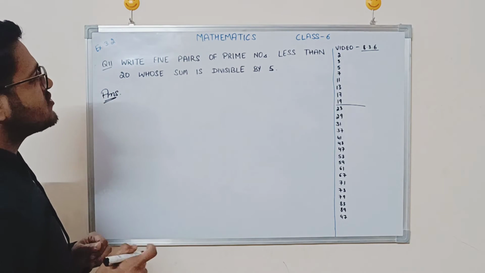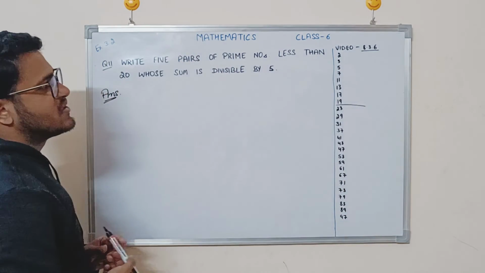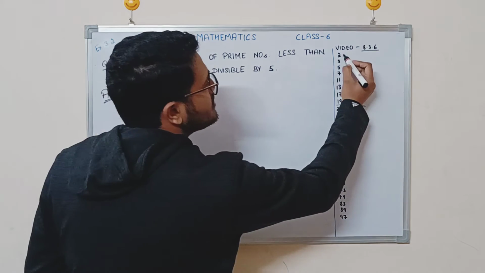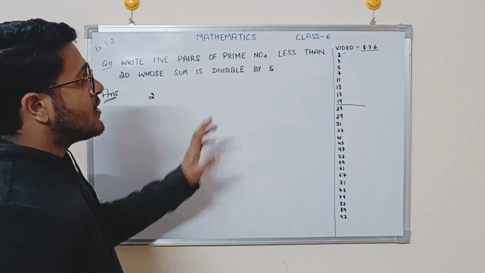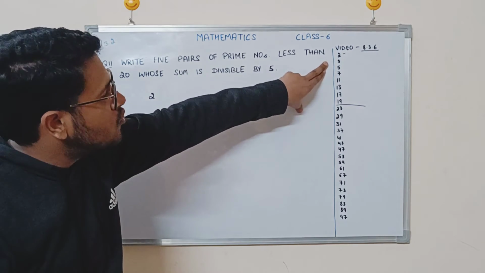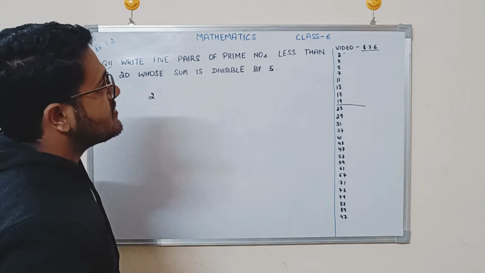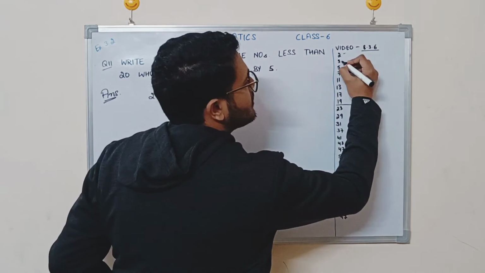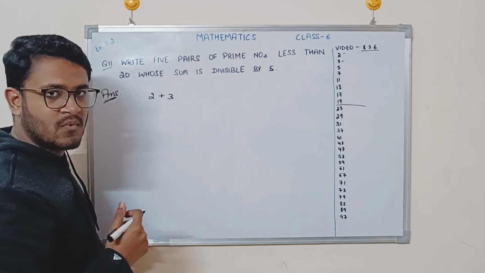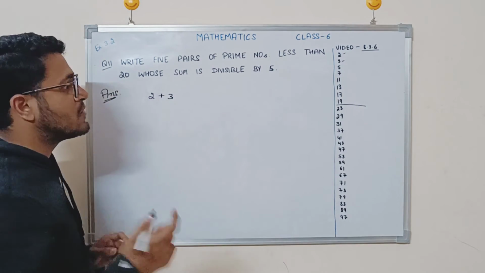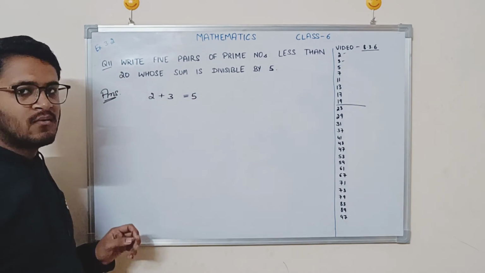So first of all, let's take the first prime number, which is 2. If you pair 2 with any other number, let's try this with 3. 2 plus 3, so we took the first two prime numbers. 2 plus 3 is what? 5, right?